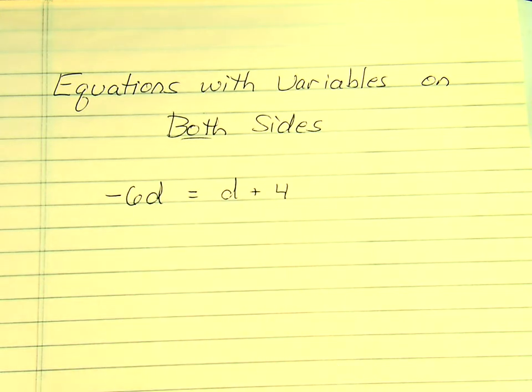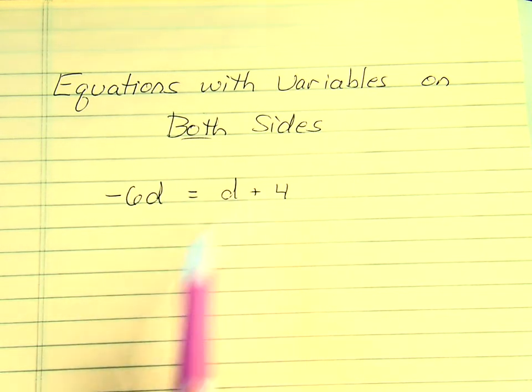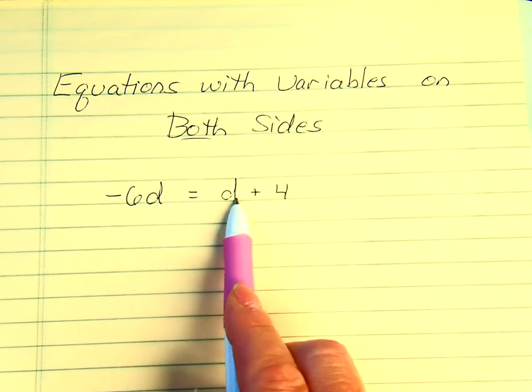Now, if I move the negative 6d to the right-hand side of the problem, I am literally leaving nothing on the left, which would mean I would have to put a 0 there and then move something else. So we're going to move the variable.